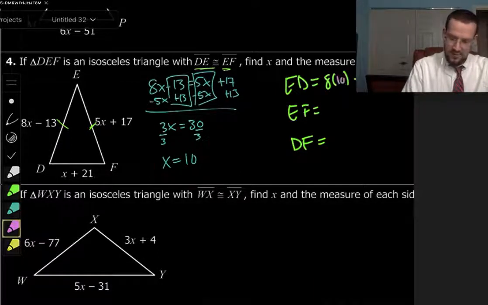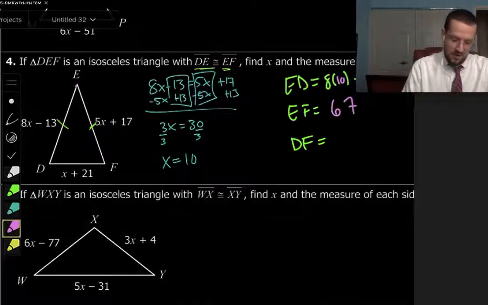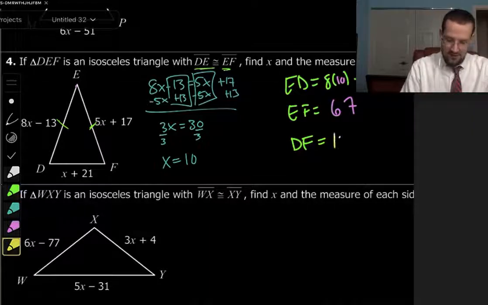So that's 8 times 10. 8 times 10 is 80 minus 13, so that's 67. And EF and ED are the same measure, so this one's also going to be 67. Don't have to do any math for that. And then finally, our last value is going to be x plus 21. So 10 plus 21, so that is 31.